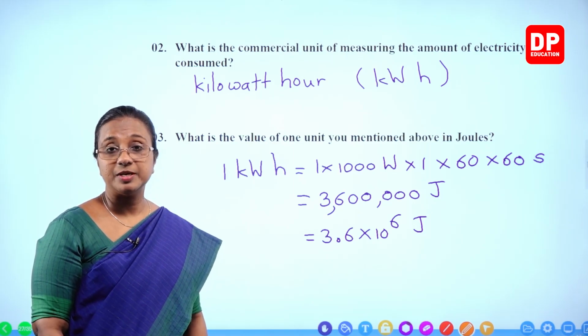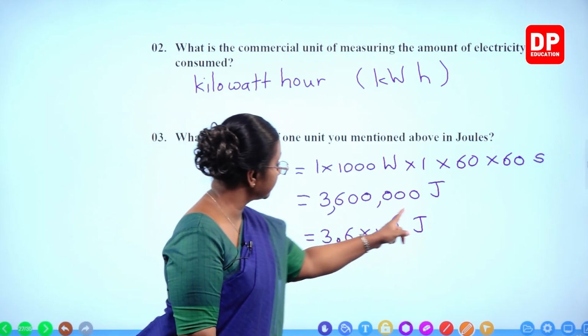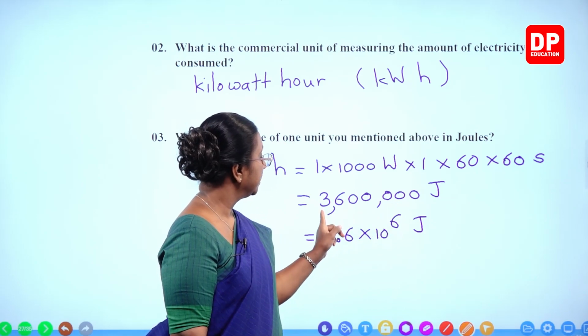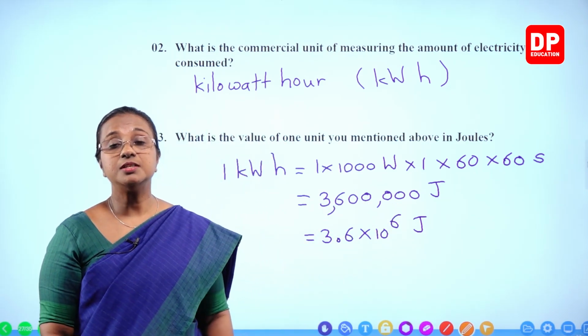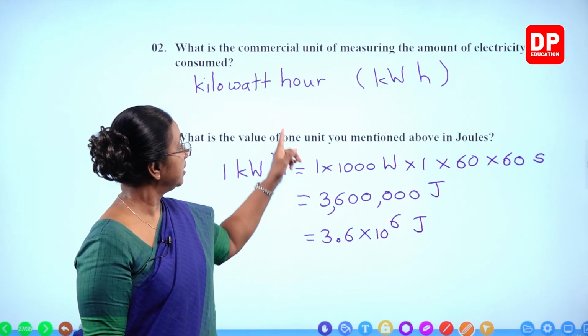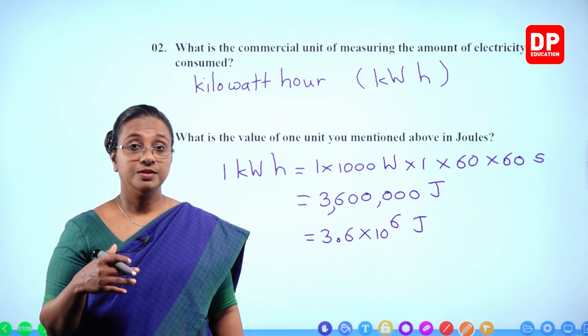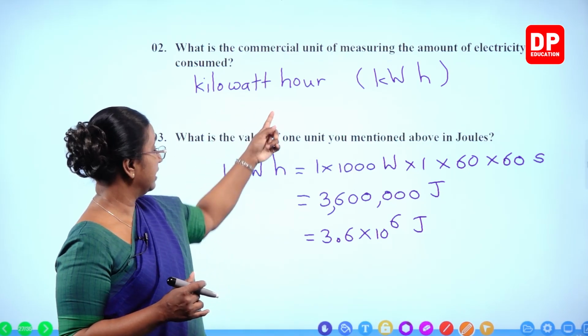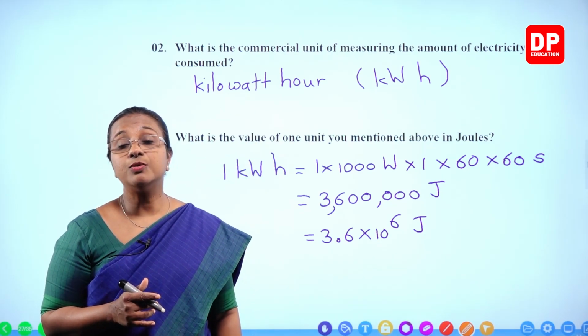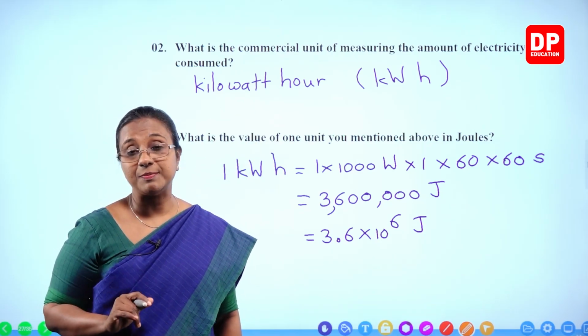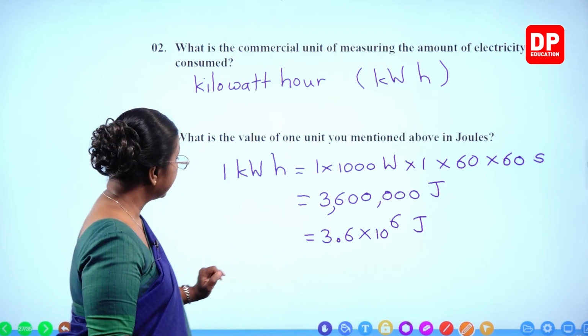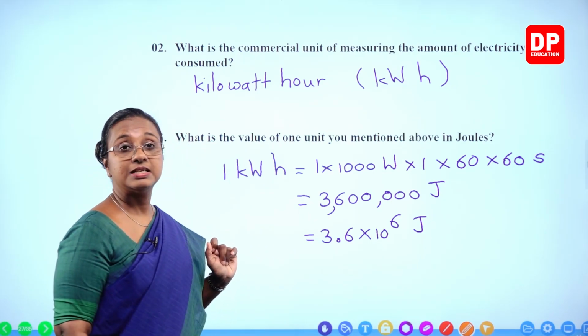That is the commercial unit. So you can see it's a very large value, 3,600,000 joules. That amount is equal to 1 unit of electricity we consume. That is why the commercial unit is being used as kilowatt hours. You have to remember that, student. So with that, I'll move on to the next question.